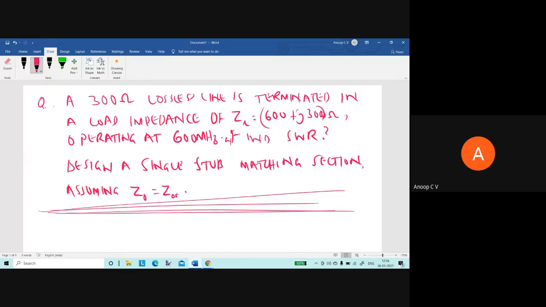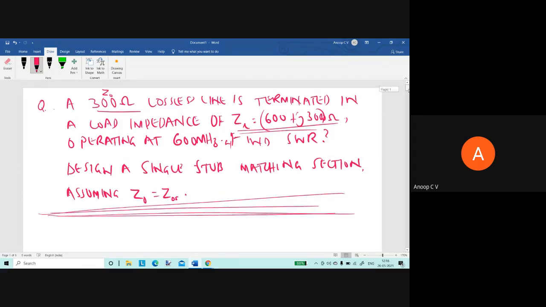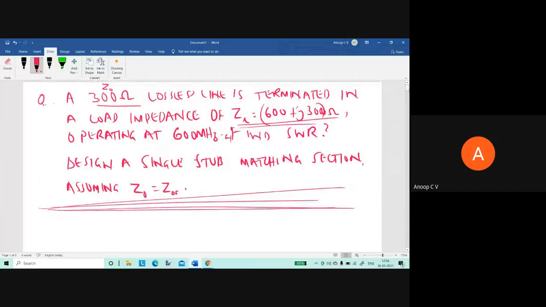So a 300 ohm lossless line means Z0 is given to be equal to 300 ohm, terminated in the load impedance of ZL is equal to 600 plus J300. Maybe I should write everything down.